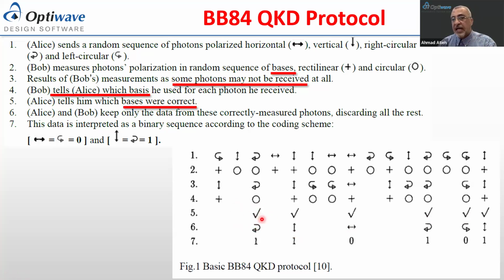After Alice tells Bob which bases are correct, the next step is the coding of the state Bob detected, for example circular right. Then we convert it into bits, ones and zeros, depending on whether it is horizontal or vertical. Then the transmission is established, and this is the key established between Bob and Alice.